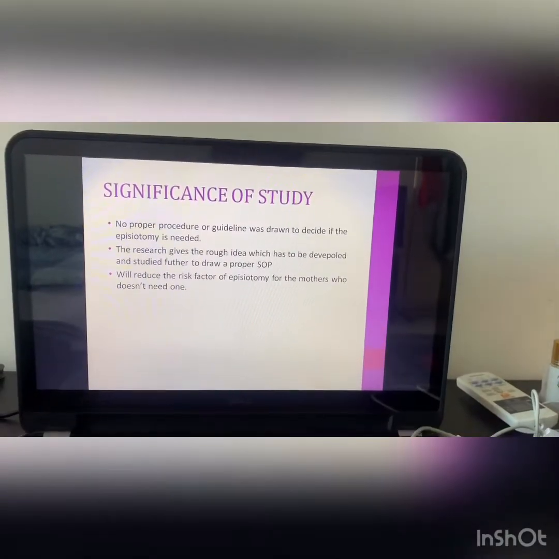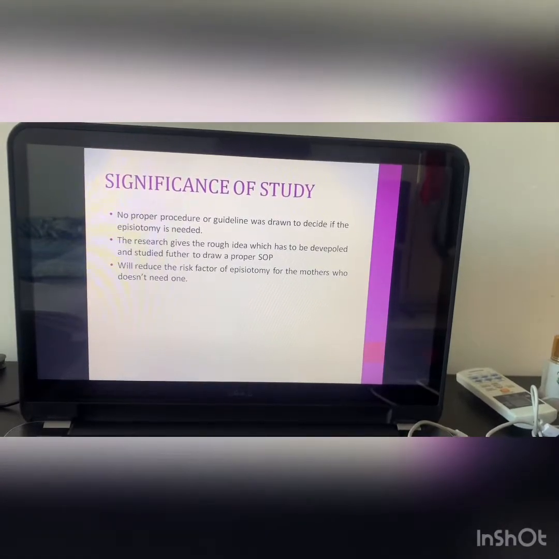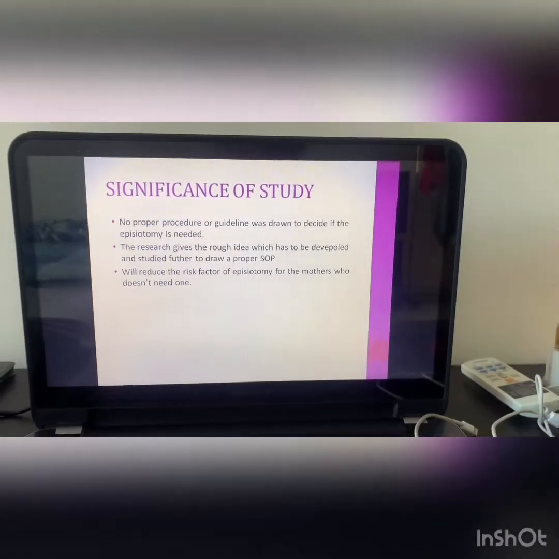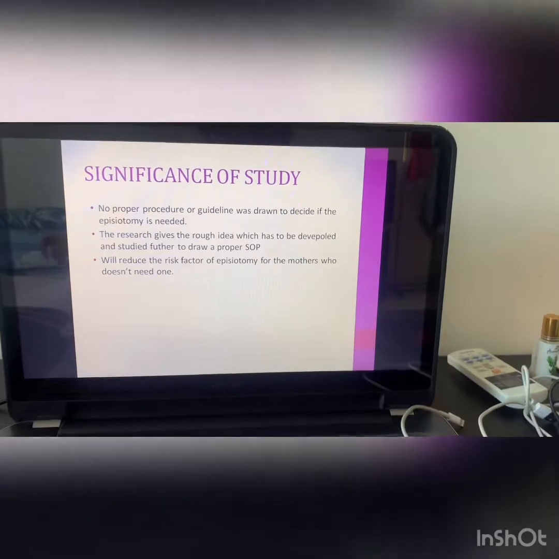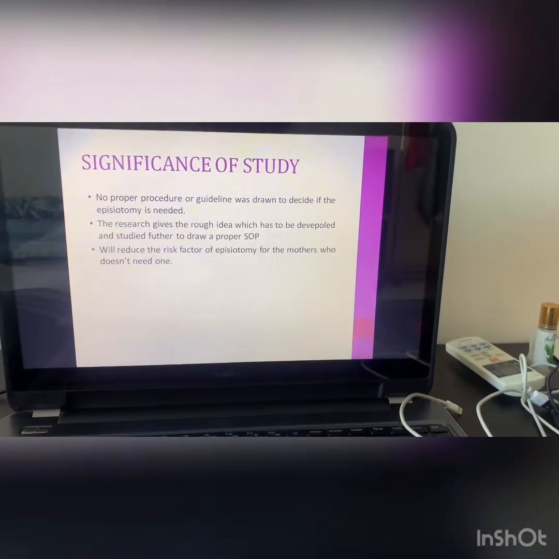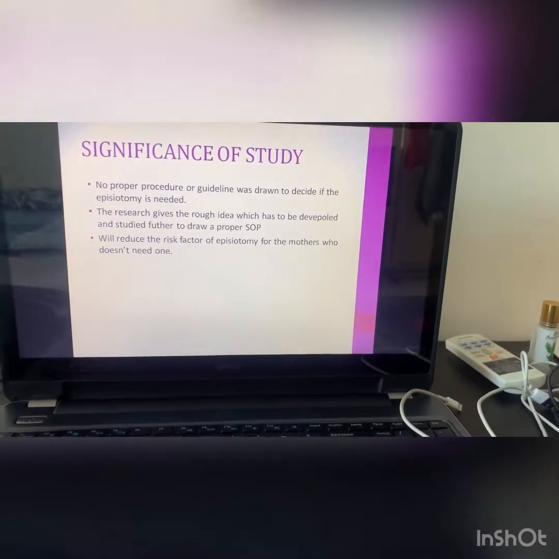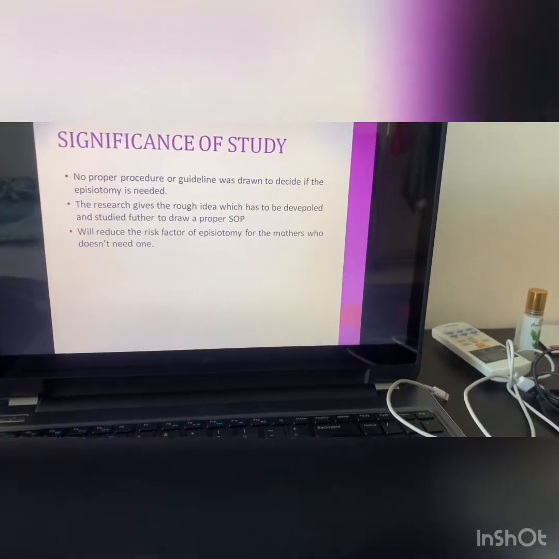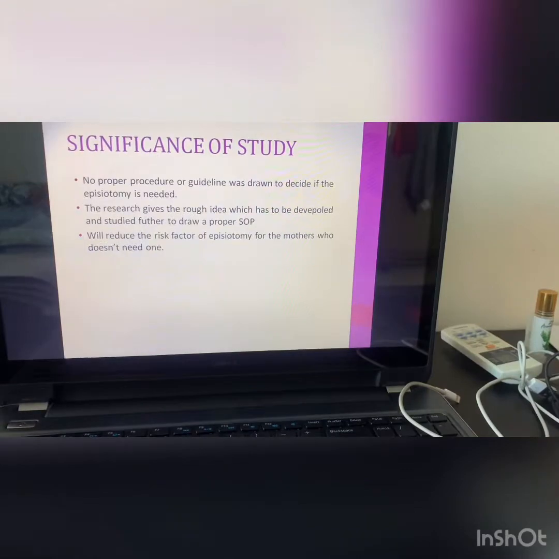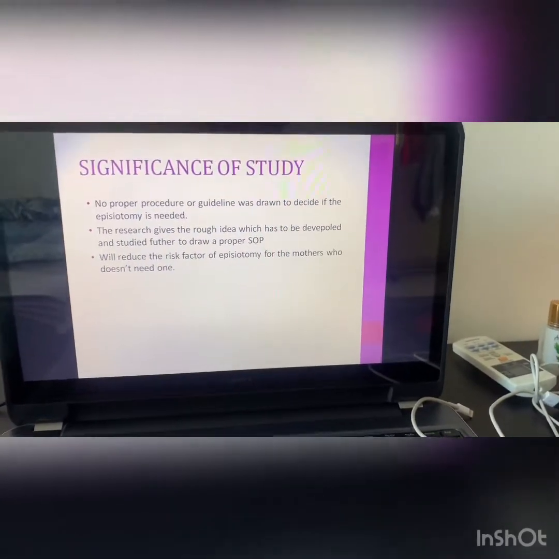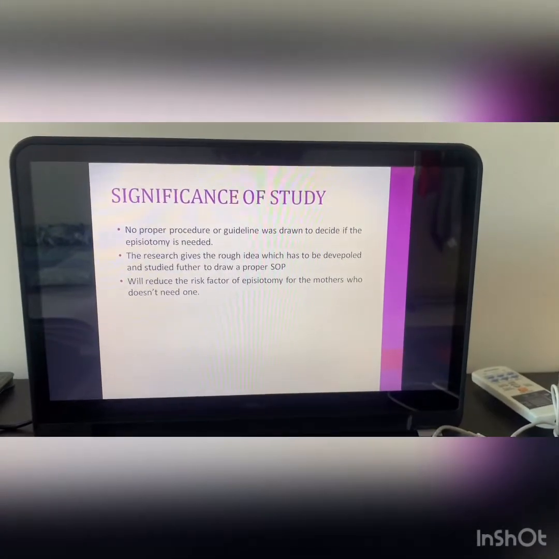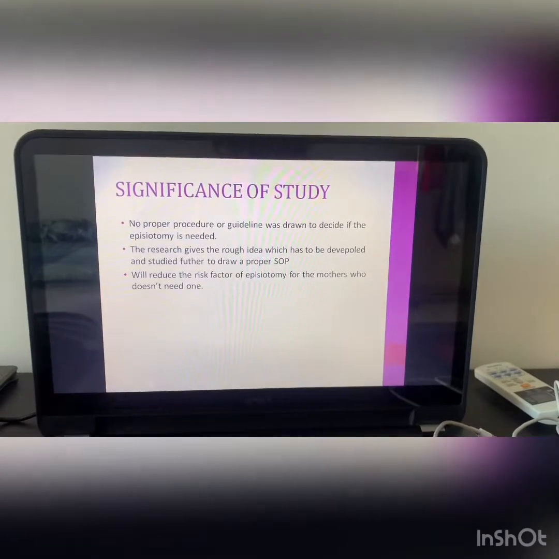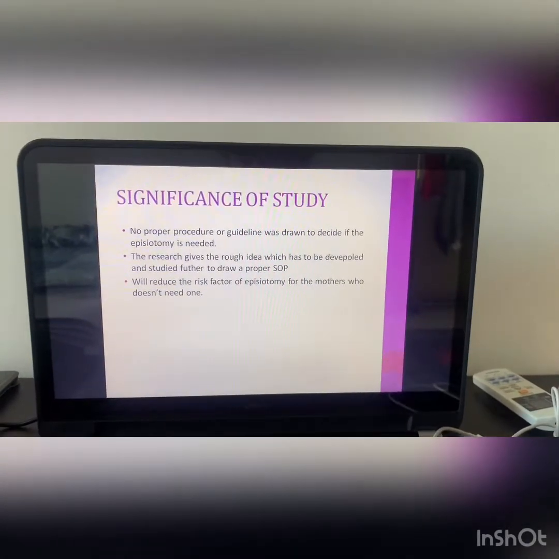The significance of the study is that no proper procedure or guideline was drawn to decide if episiotomy is needed. So the research will give a rough idea for further investigation, and further research can develop into a proper SOP, which will help the newly appointed house officers and also reduce the risk factors of episiotomy for the patients.